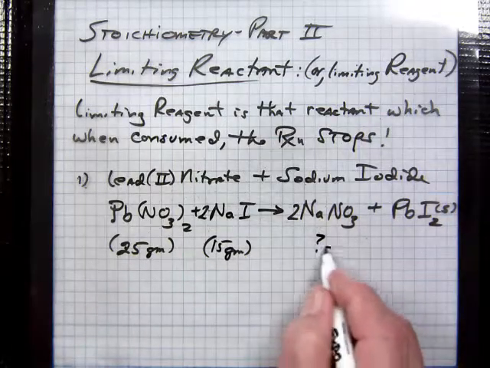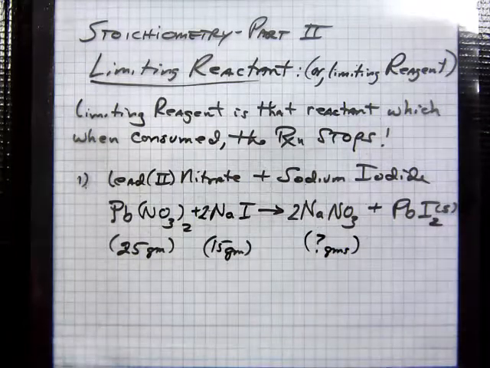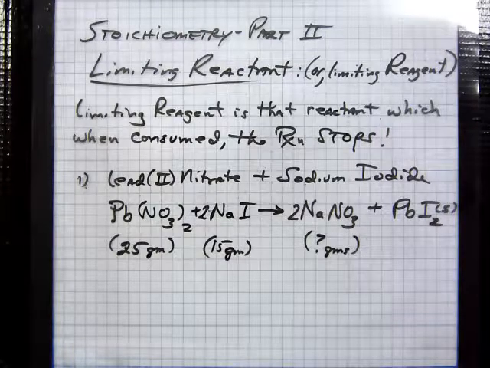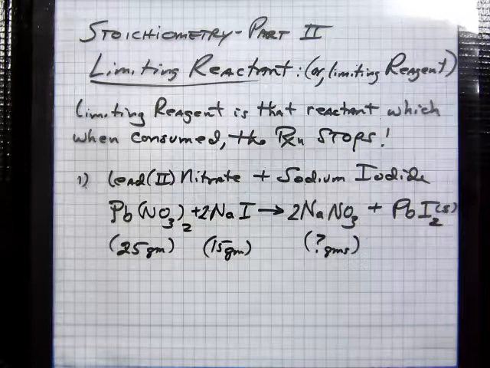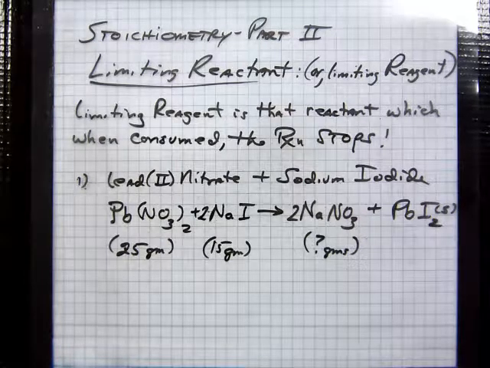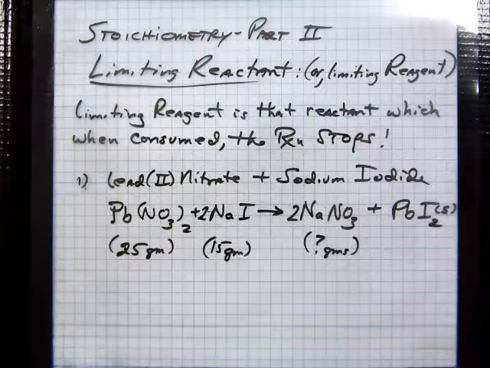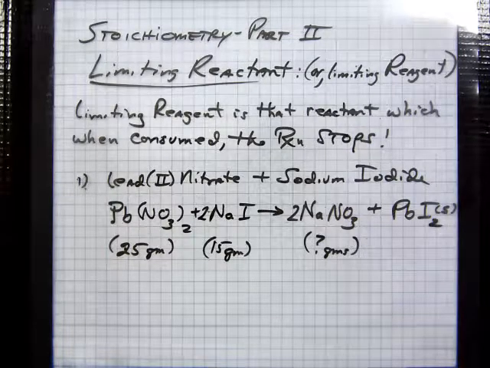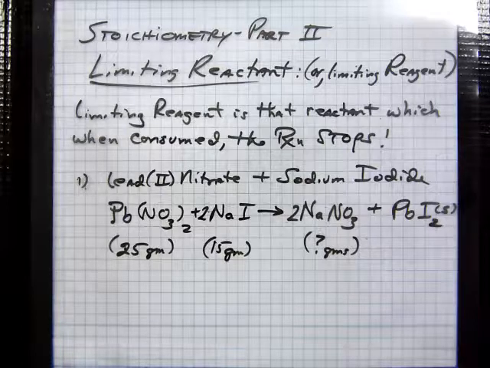So they're looking for this right here. Again, the issue here is to teach you how to find the limiting reagent. It's really easy once you see it, and then make your calculation based on the limiting reagent.